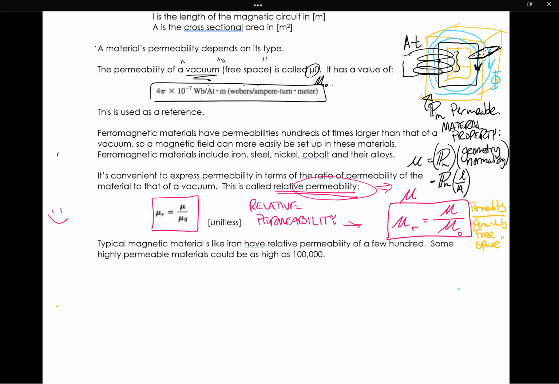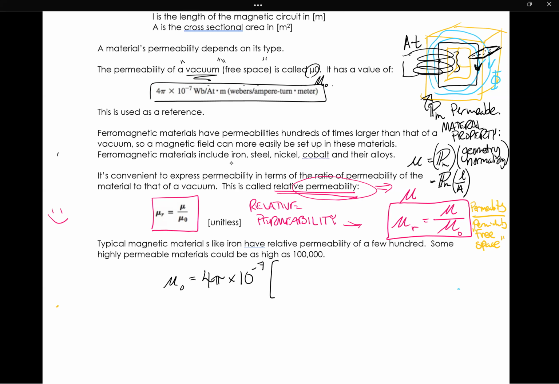If I were to do an experiment about how permeable a vacuum is, I would learn that mu naught, the permeability in a vacuum or free space, is actually 4 times pi times 10 to the negative 7.